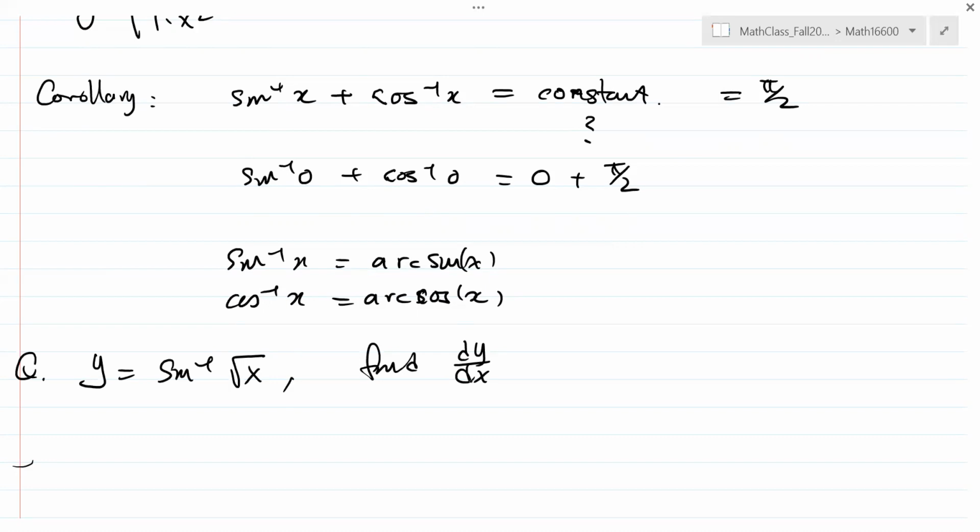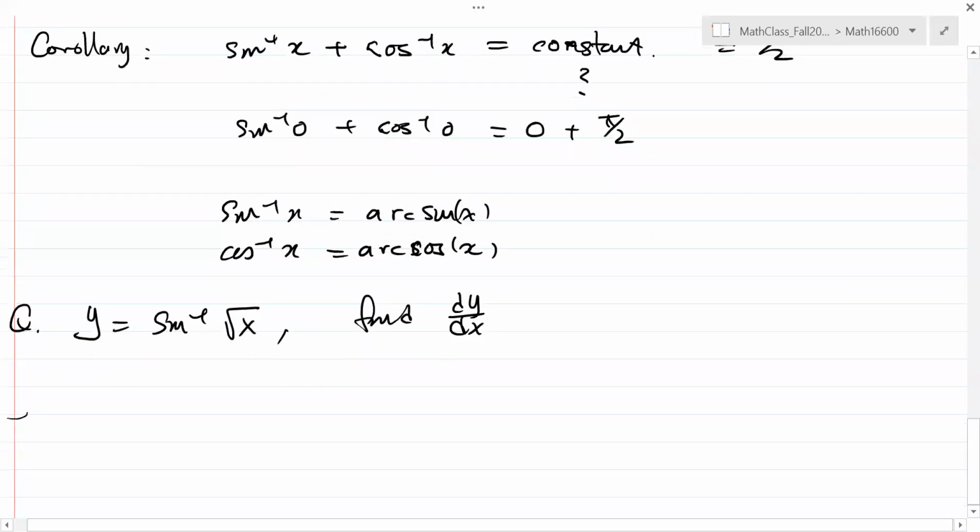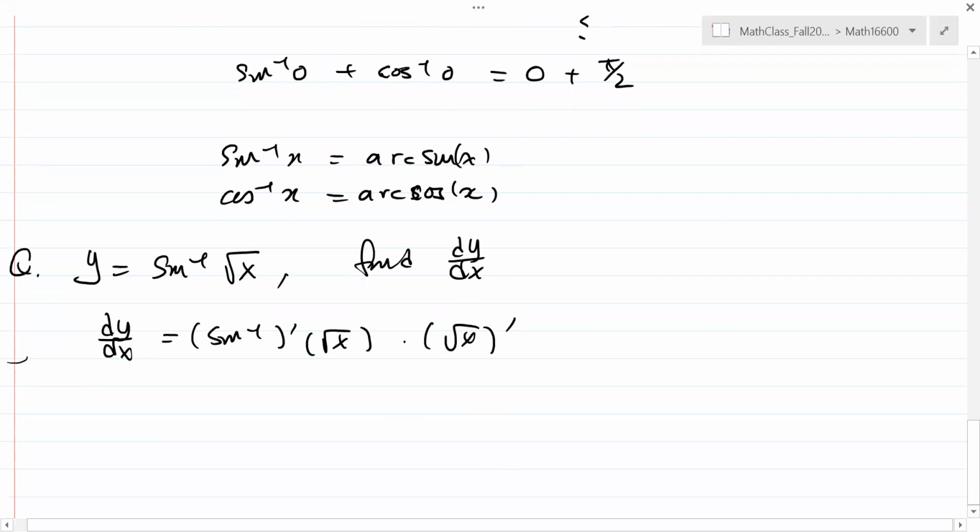Right, so this is an inverse function. The derivative of y with respect to x: differentiate the arc sine, then also differentiate the inside function. This is a chain rule, it's not a product.